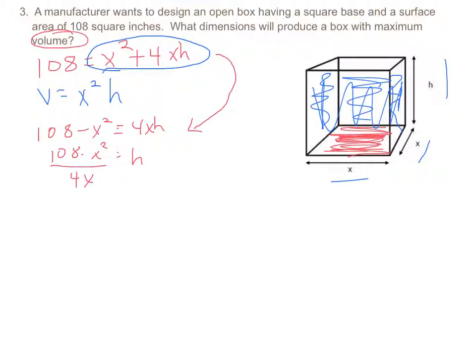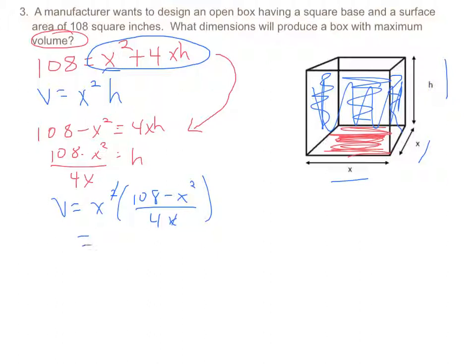And we're going to plug that into our volume. So volume equals x squared times 108 minus x squared over 4x. And that will simplify. We have x's that will cancel. The x squared here in the front will cancel with the x on the bottom.